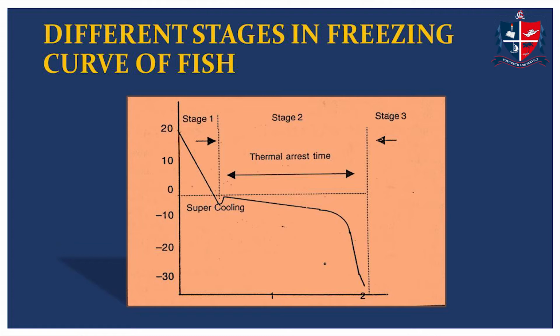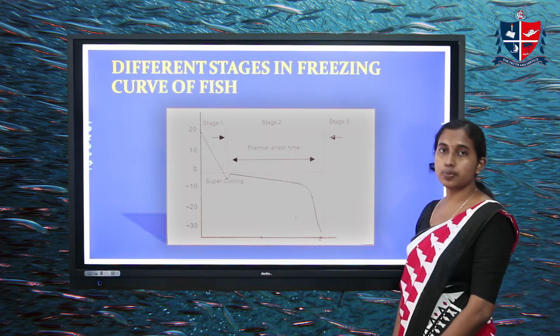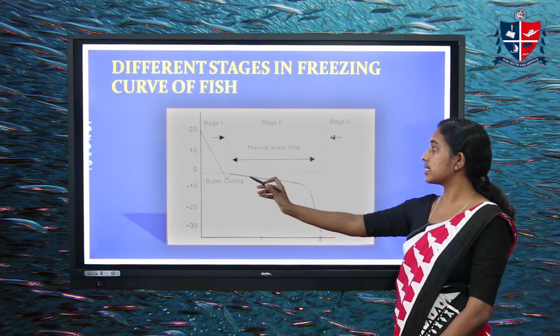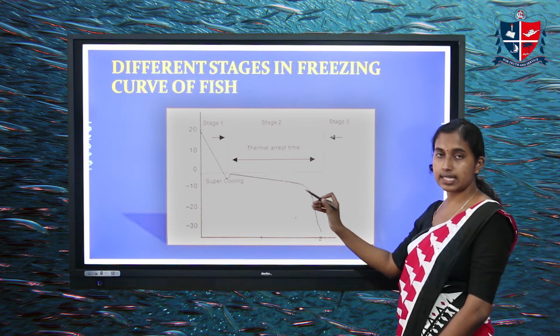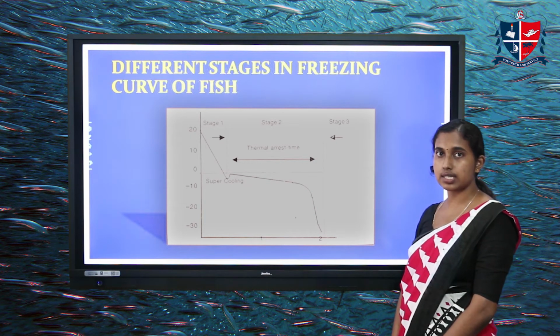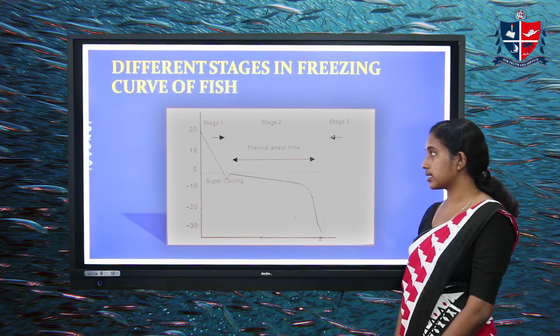During stage 2, as you can see, the temperature remains fairly constant when you compare it with stage 1. As you can see, a large part of water in the body of fish freezes during this stage, that is at a temperature around -1.1 degrees Celsius to -5 degrees Celsius.